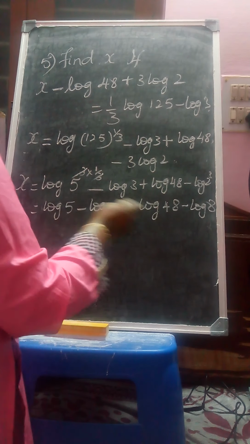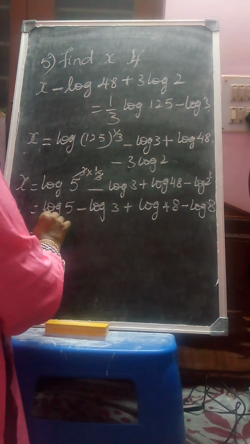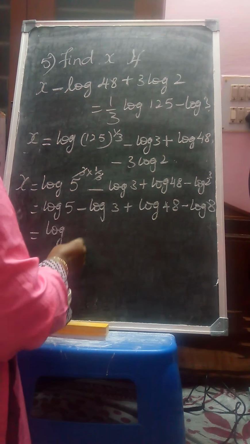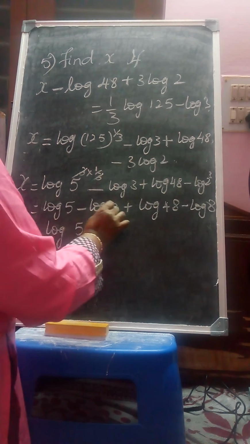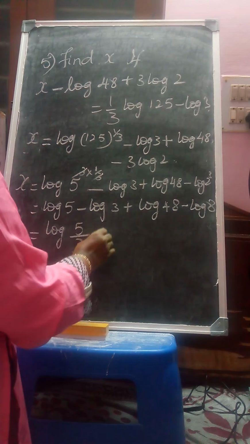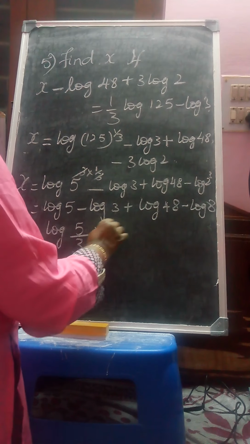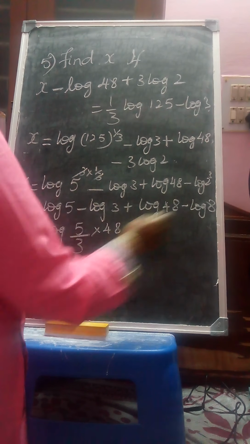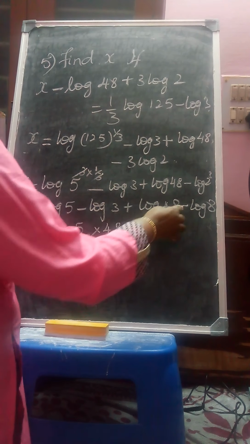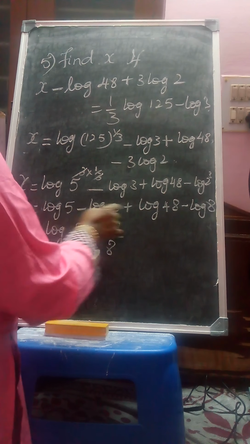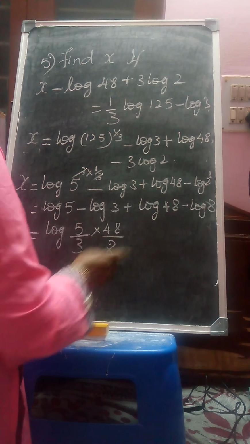Now wherever minus, it will be a quotient. Wherever plus, it will be a product. 5 and this will come down. 3 into 48 and this will come down. See, minus 1 will come down, plus will become a quotient to be in the numerator.